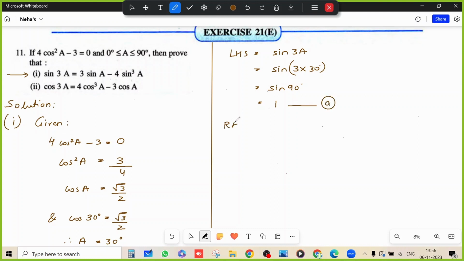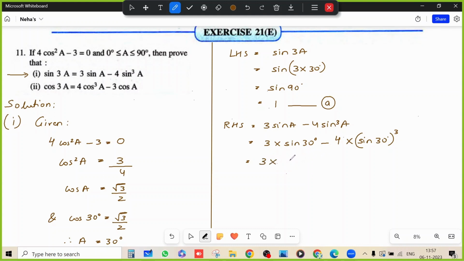Now we will begin with the right hand side, which is equal to 3 sin A minus 4 sin cube A. Now we will put the value of sin A again as sin 30 degree, and here also it will become sin 30 degree whole cube. Now the value of sin 30 degree is equal to 1 by 2.